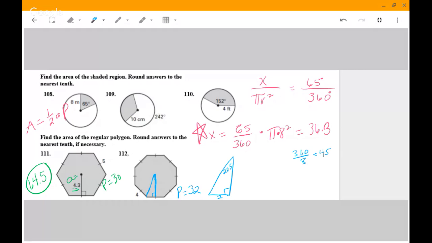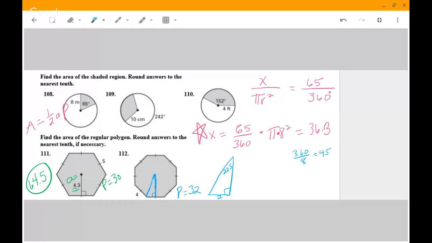Let's say I knew the hypotenuse was 8, I could use Pythagorean to figure out my apothem over here. So it always depends on what you know and what you're looking for. If you know just one side and an angle like this, we have to do trig.